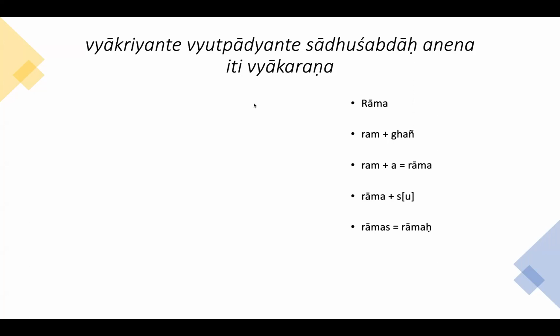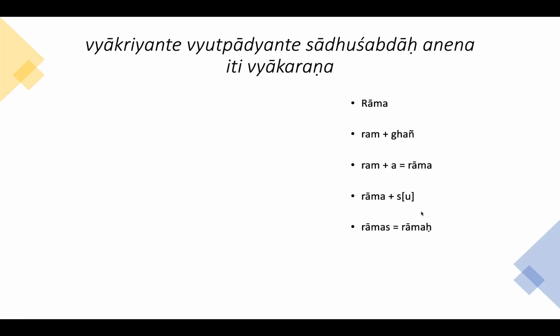Then we add a suffix, called Kai. Then it becomes Ramu plus A. Then it again undergoes some transformation and becomes Rama. Then you add another suffix Su and it becomes Ramas. The U here is actually Anubandha.